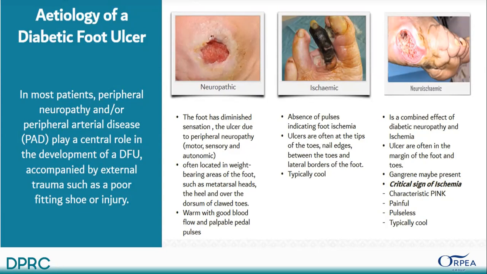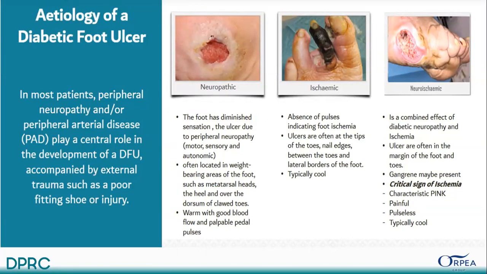The ulcer due to peripheral neuropathy is often located in weight-bearing areas of the foot such as the metatarsal head, the heel, and over the dorsum of the clawed toes. It is warm with good blood flow and palpable pedal pulses.